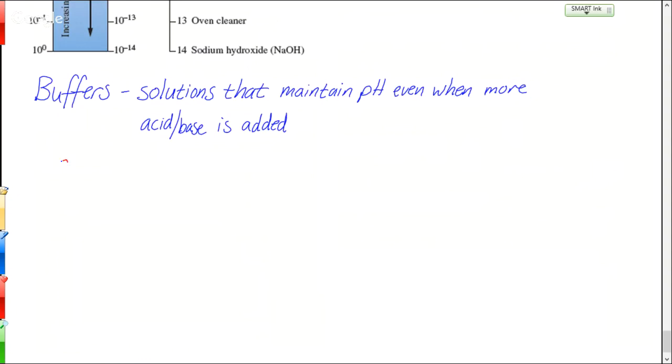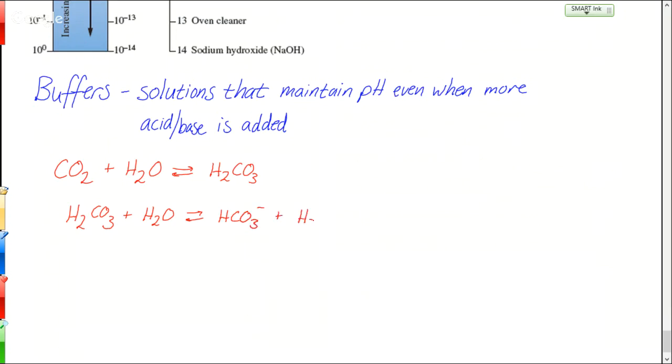So carbon dioxide, when it dissolves in water, makes carbonic acid, H2CO3. And then carbonic acid, in turn, can react with more water to make bicarbonate ion and hydronium.